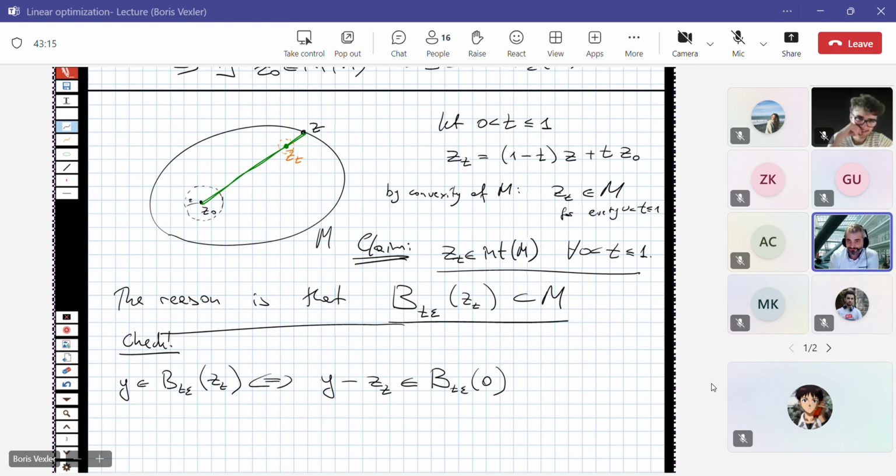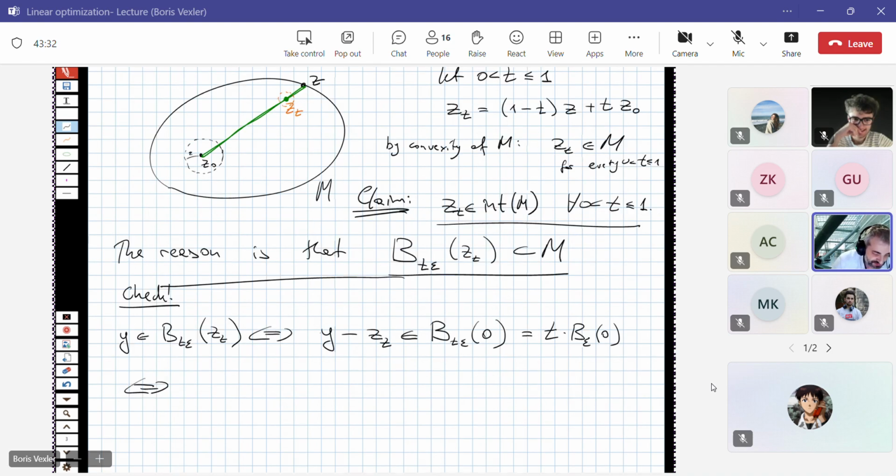Do you agree? Okay. What is this ball of radius T epsilon of 0? This is of course the same as T times the ball of radius epsilon around the 0.